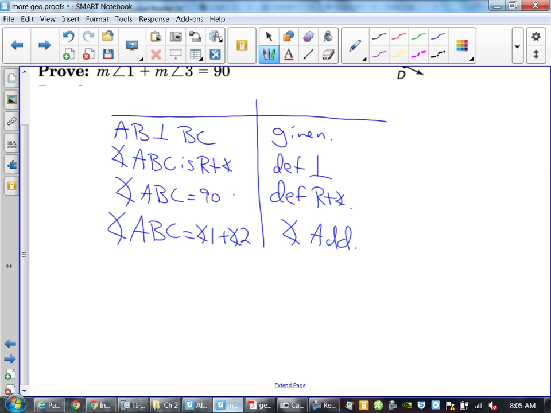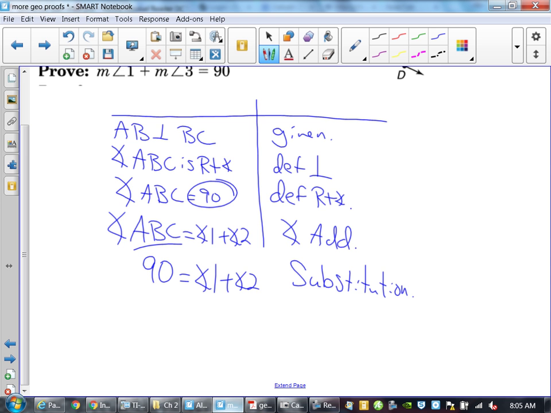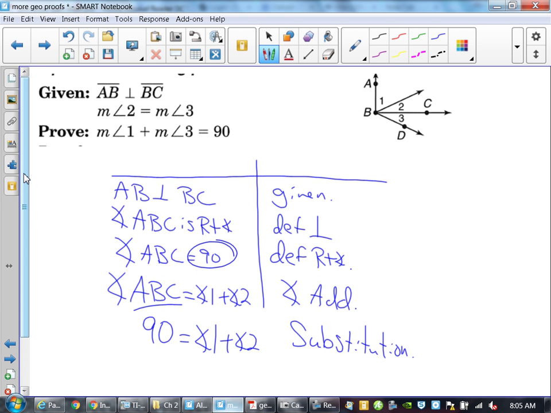So I can substitute the 90 in here. Now I basically have used up everything that I can out of that first given by going through that the right angles were formed, that they equal 90, and we can do a substitution step. The second part here says what?